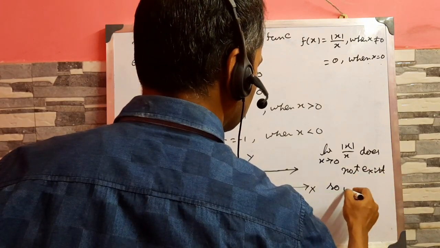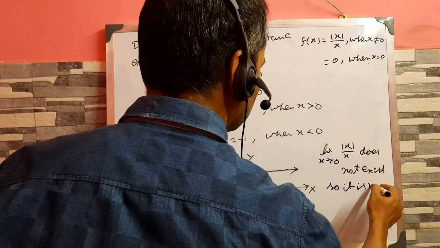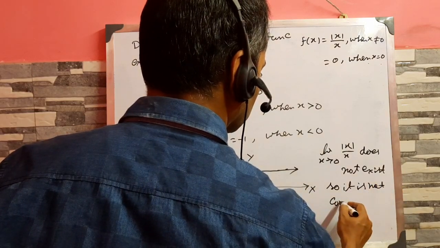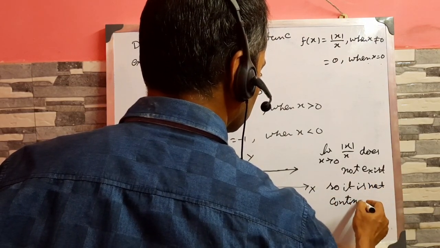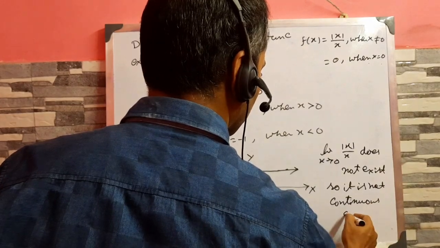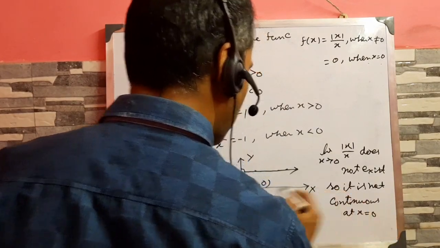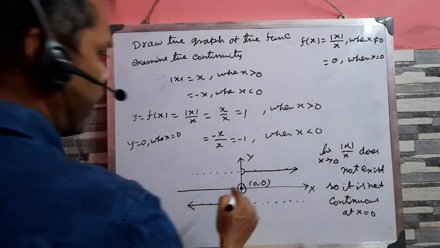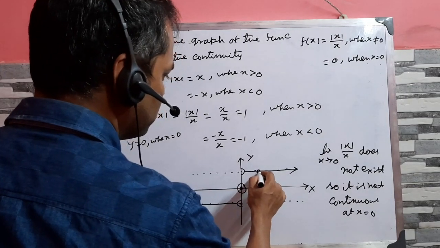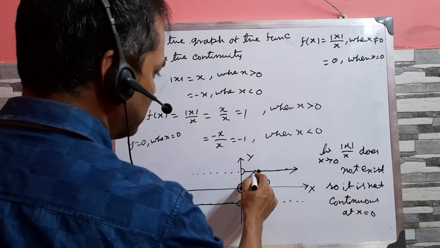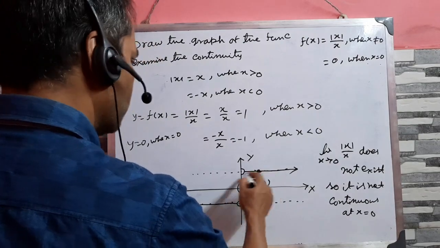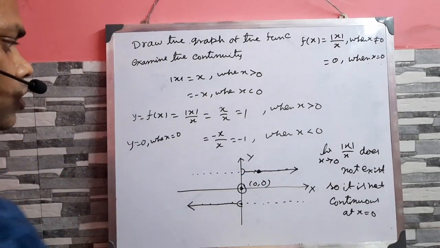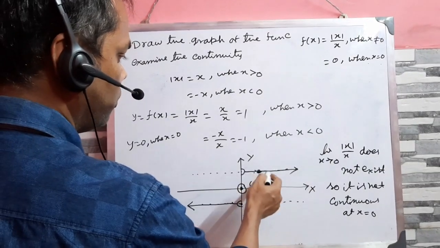So it is not continuous at x equal to 0, but otherwise the function is continuous, because at x equal to 1, you see that right hand limit and left hand limit both lie on the same line, so having functional value also, and they are equal, so this is continuous.